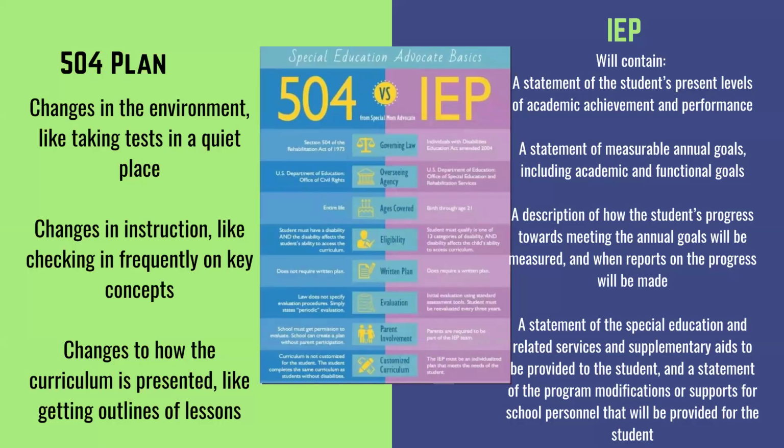It does not include specialized instruction. A 504 plan can help a student thrive in a general education classroom with minimal disruption in their education, and it can be tailored to each education environment, such as art class or PE, that the student experiences throughout the day.